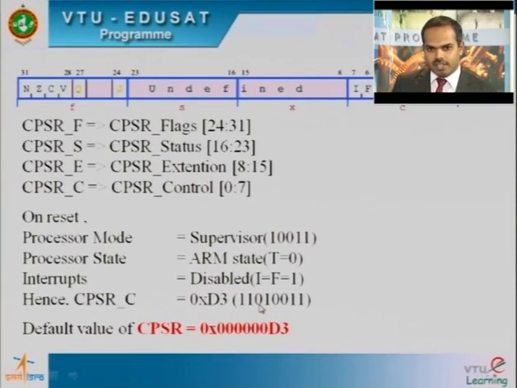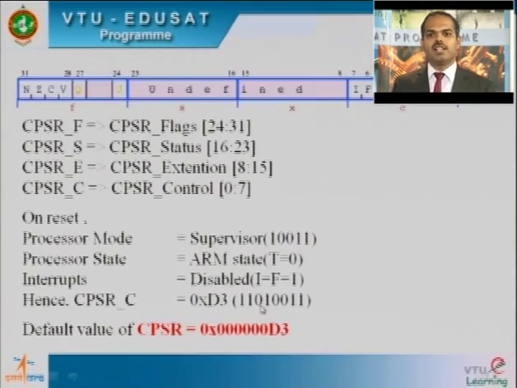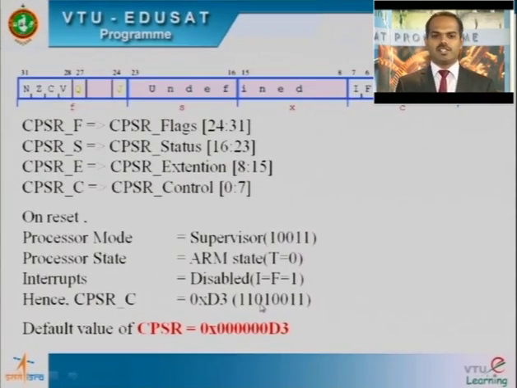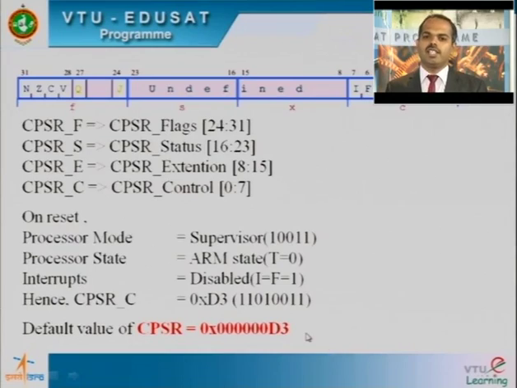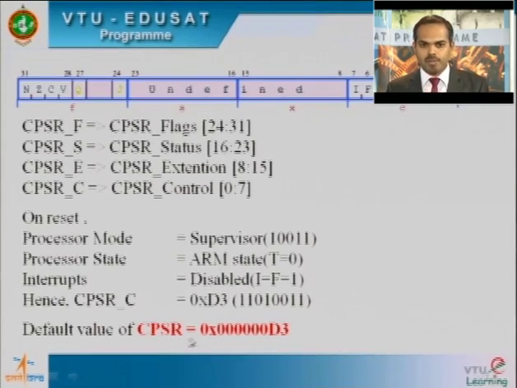The next bit 0 indicates the T flag is 0, that is in ARM state. The next 5 bits indicate the supervisor mode. Altogether this byte value is D3. Hence by default, on reset, the CPSR value will be D3. This is a very important piece of information that we should know. The conclusion of this slide: the CPSR default value is D3.